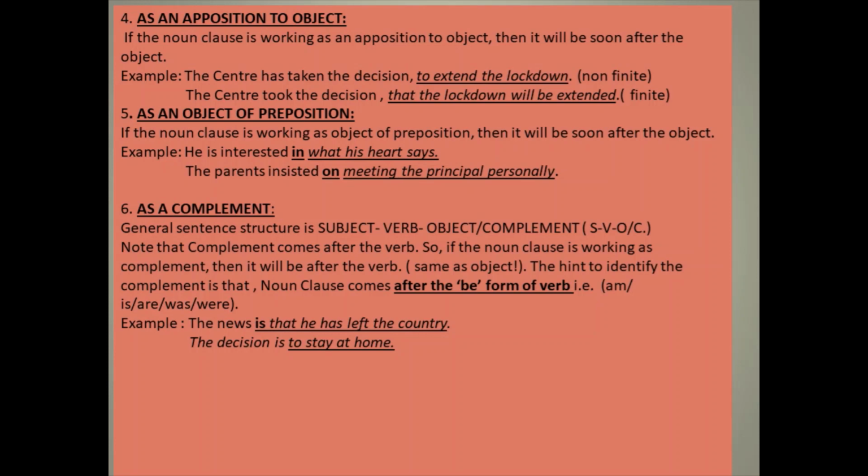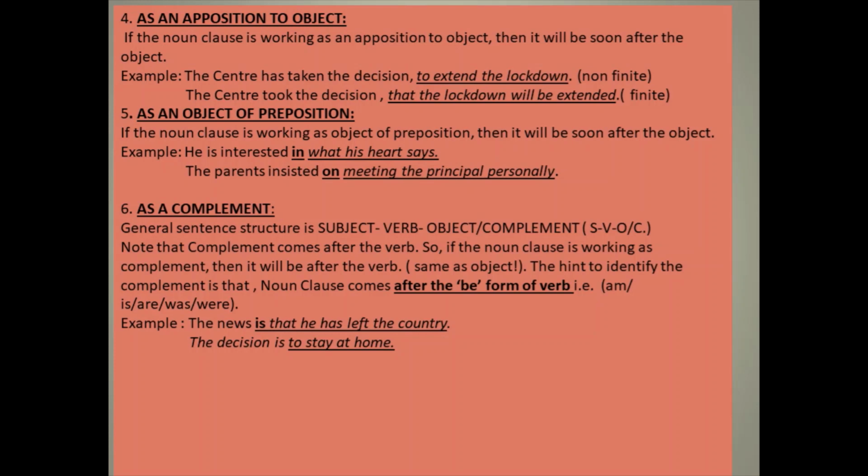We could say the center had extended the lockdown, but we have said the center has taken the decision. And what is that decision? To extend the lockdown. So in other words, we have elaborated the decision there. Same thing, but in different words. So that is the function of the noun clause.